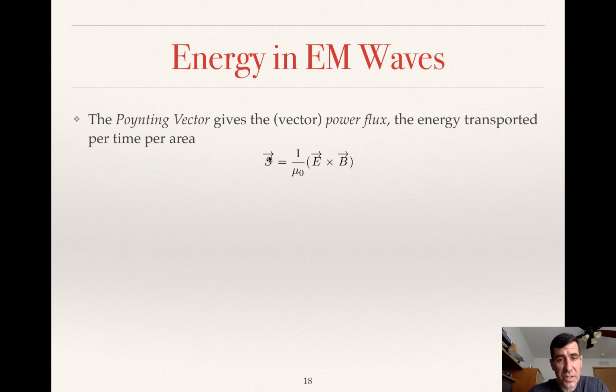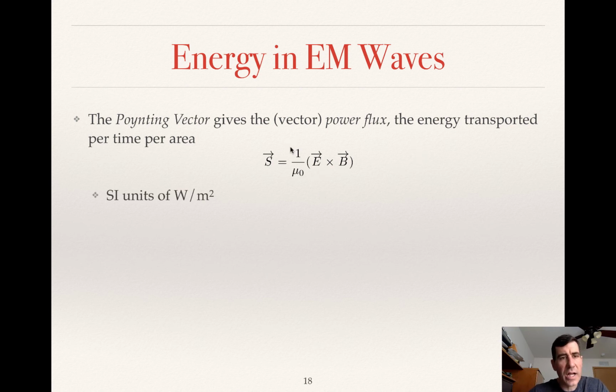So in the Poynting vector, typically you use a capital S, it is a vector, and this energy flux or power flux, I should say, is actually proportional to E cross B. So it's the cross product of the electric and magnetic fields, and you need a 1 over mu naught constant out in front to make the units work out.